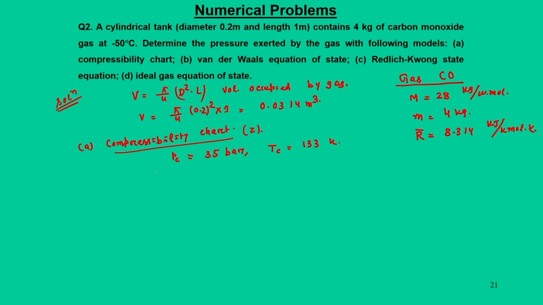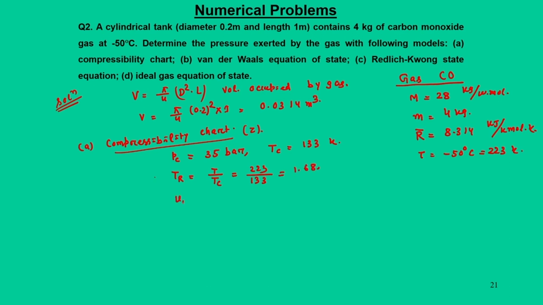Then we can find out TR, that is T by TC. Here T is minus 50 degree centigrade, that is 223 Kelvin. So, TR is found to be 223 divided by 133, this turns out to be 1.68.